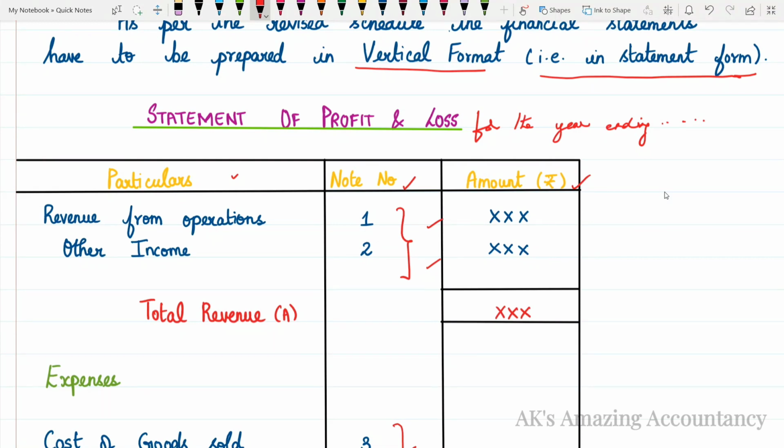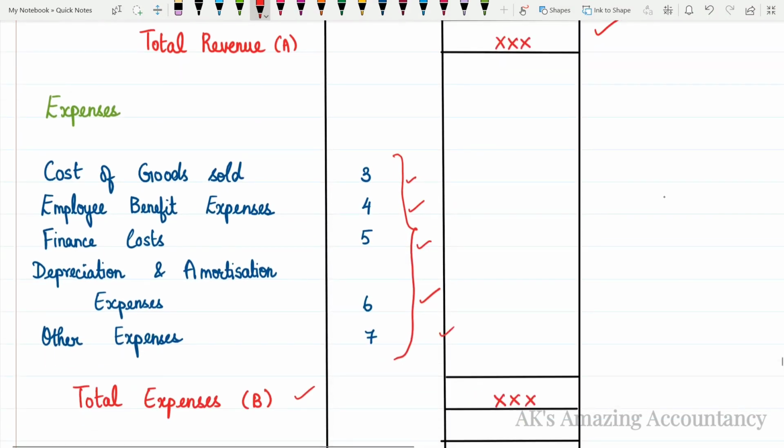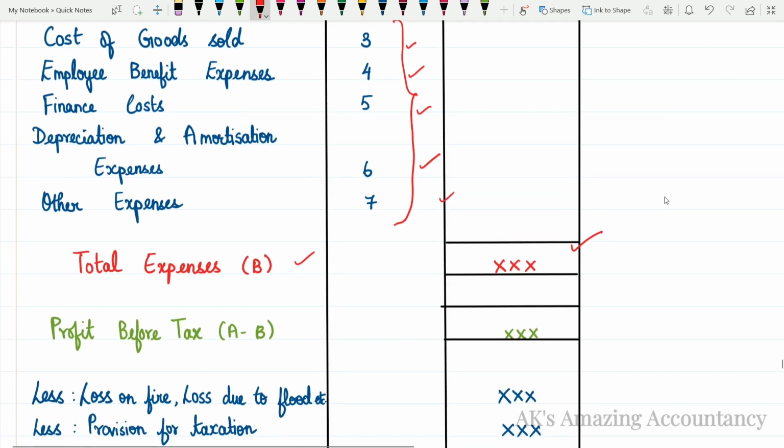Find the total, that will be the total revenue, total A. Then, starting from note 3 to note 7, we have all notes relating to expenses and find the total, that will give you the total of expenses B. Now find the profit before tax, which is nothing but total revenue minus total expenses, that is A minus B. Okay, so here you'll be having the profit before tax.